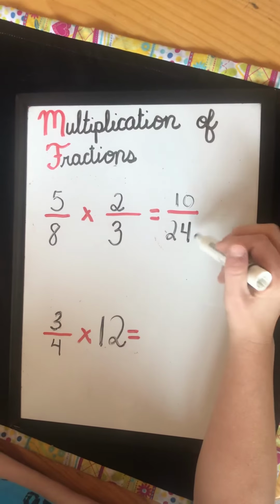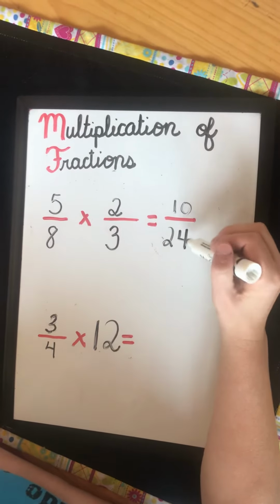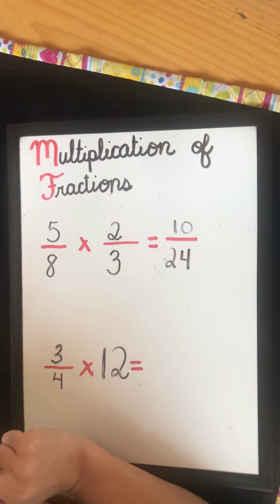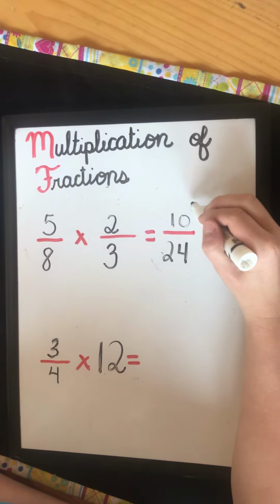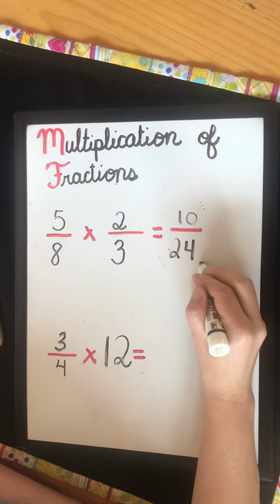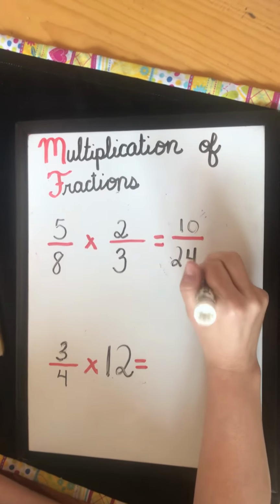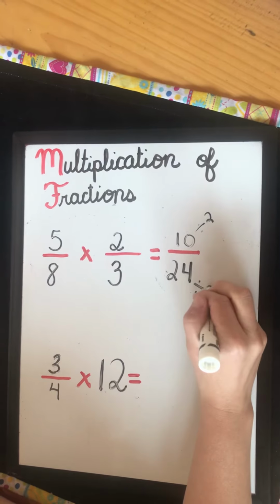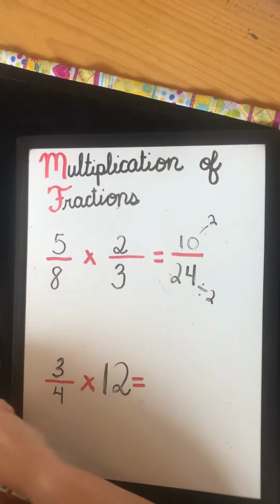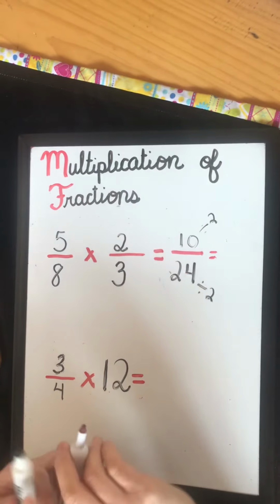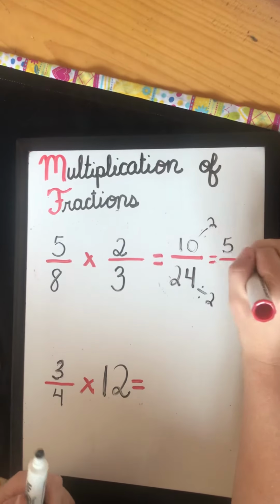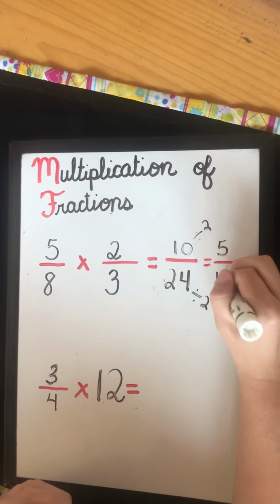But let's look at our product. 10/24 is not a simplified fraction, so we need to simplify this fraction. What's a common factor of 10 and 24? 2. So we're going to divide both our numerator and our denominator by 2 to simplify the fraction. 10 divided by 2 is 5. 24 divided by 2 is 12.